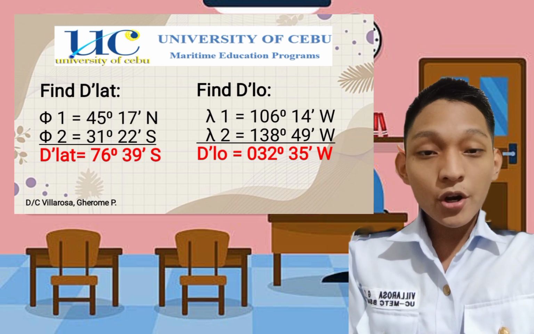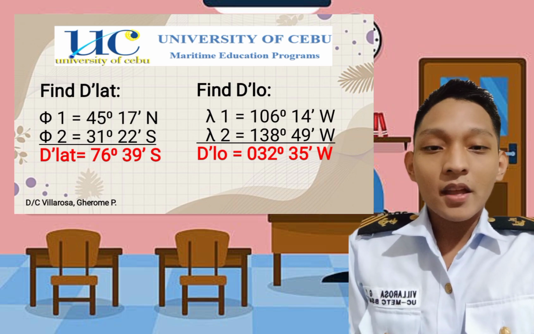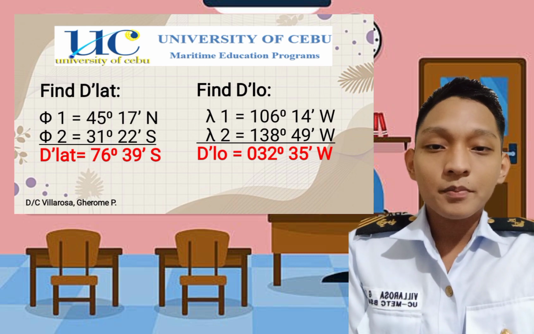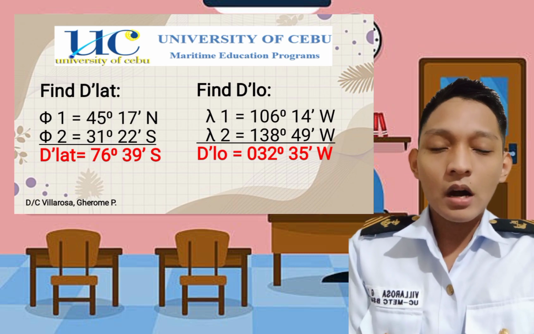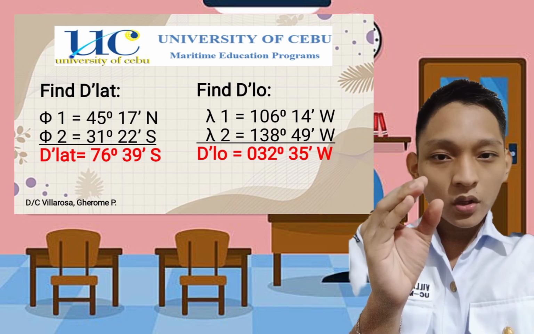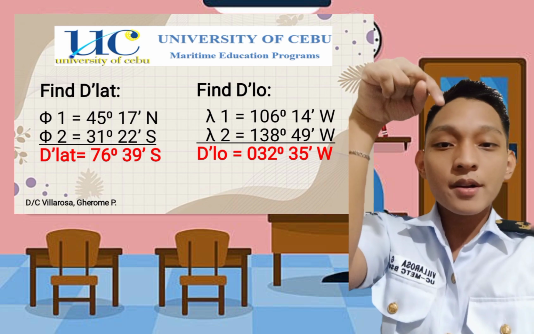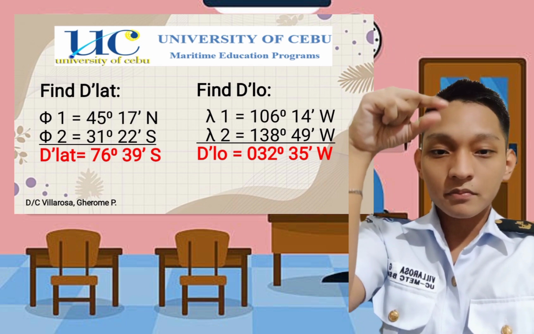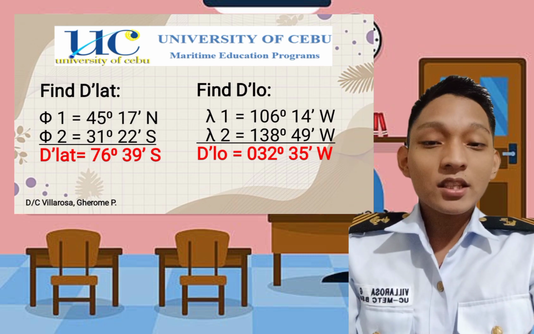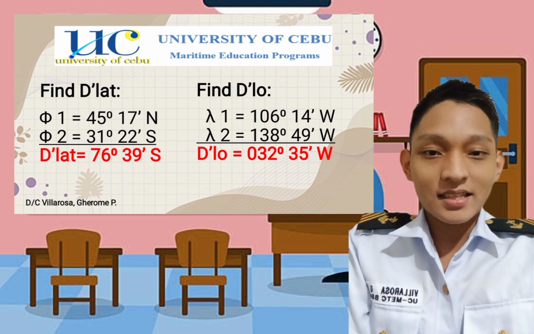For the suffix of the DLAT, it is contrary: in latitude 1 we started at north, and in latitude 2 we arrive at south, so we are going south. That's why our DLAT would be 76 degrees 39 minutes south.